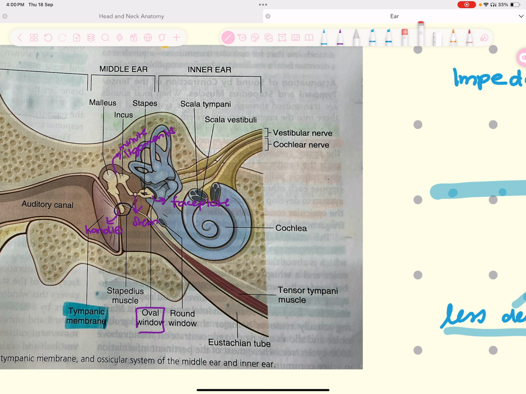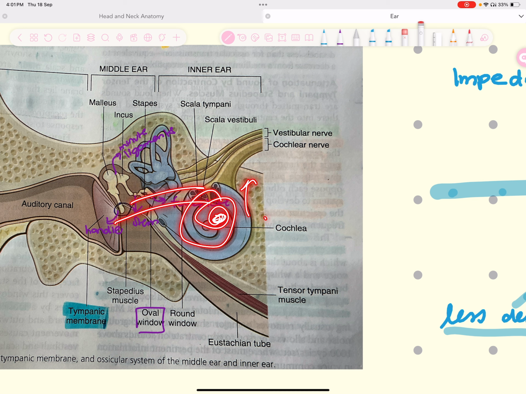Also, why do we need this increase in force? There are two reasons why it's important. First, this fluid has a greater inertia than air. Therefore, an increased amount of force is necessary to cause the vibration because of the greater inertia in the fluid compared to air.